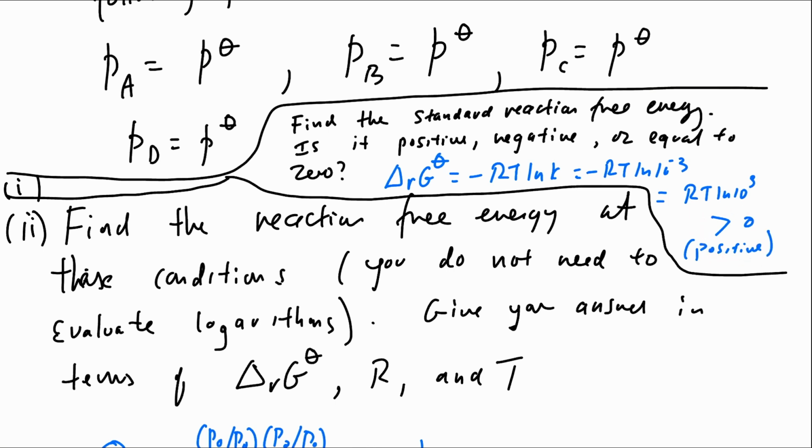And does that make sense? You should always be reality checking yourself. So this is the reaction free energy at standard conditions. And if I were at standard conditions, I have a reaction delta G that's positive. Which way do I want to go?